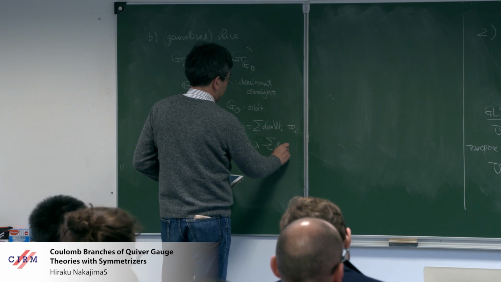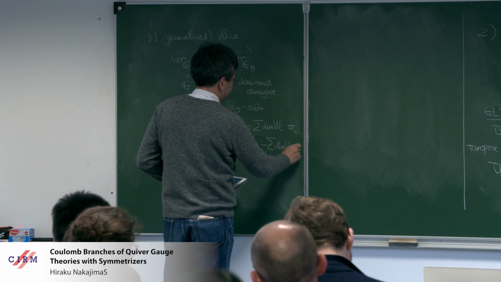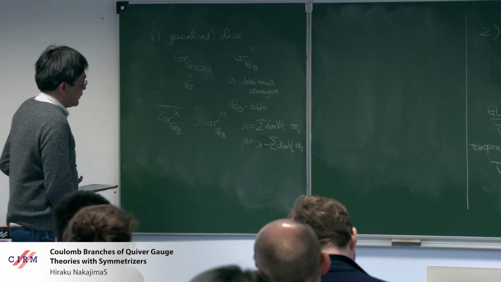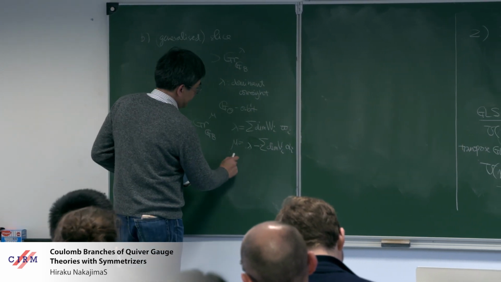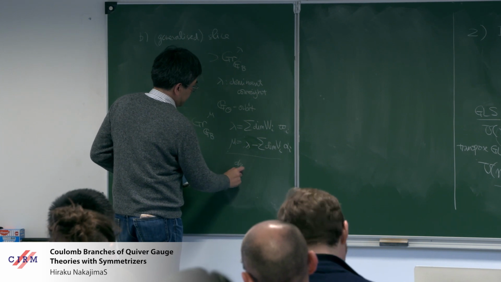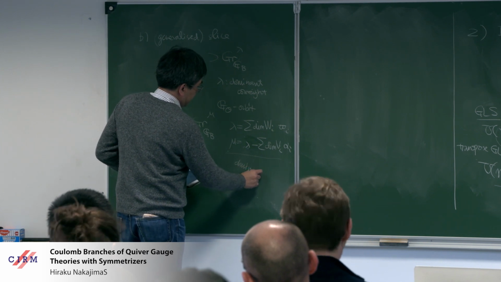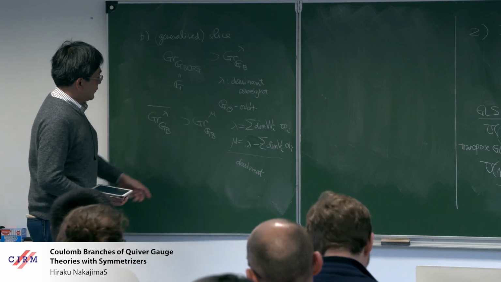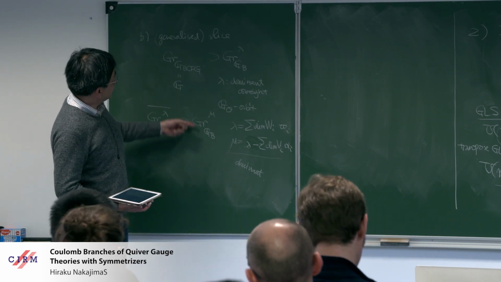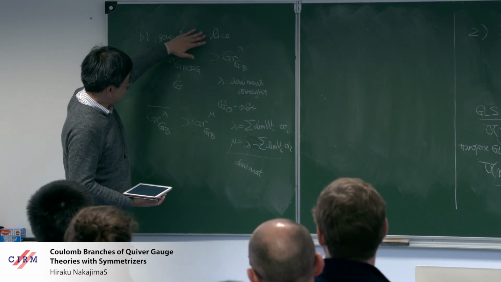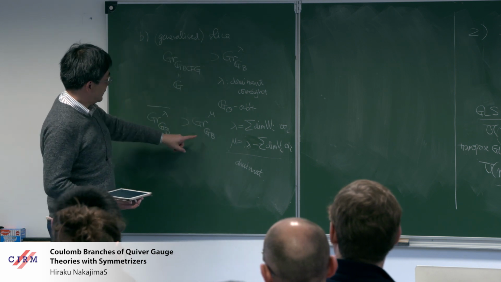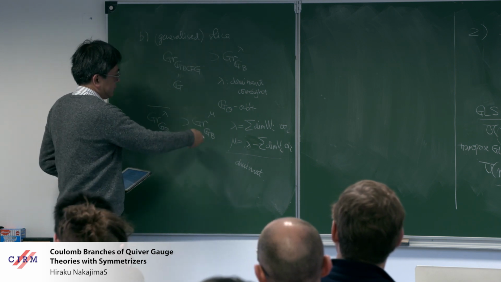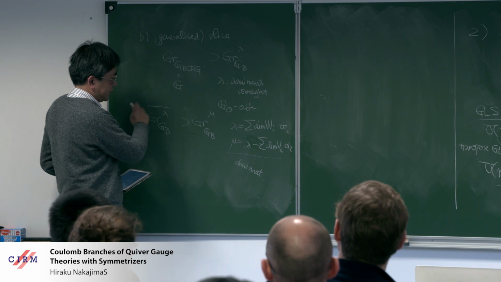So I assume this to be dominant. In that case, the general slice is the usual slice, which I just briefly explained: a transversal slice to this orbit, and then take the intersection with this.